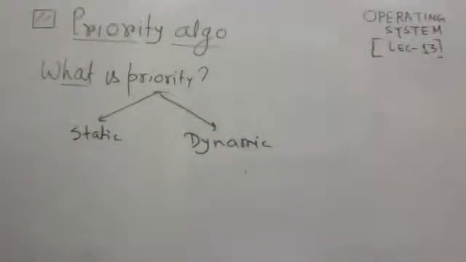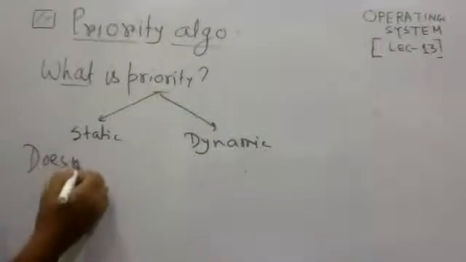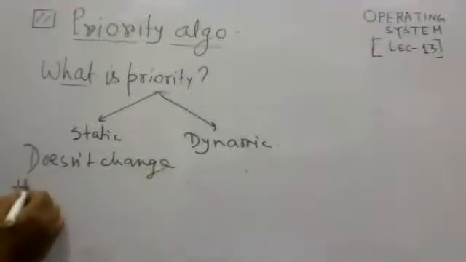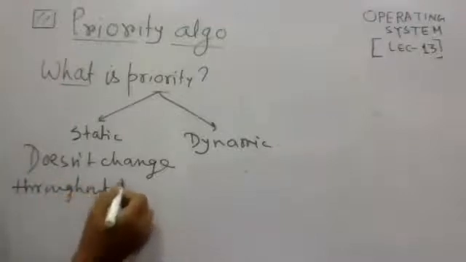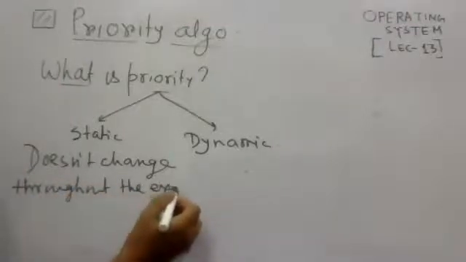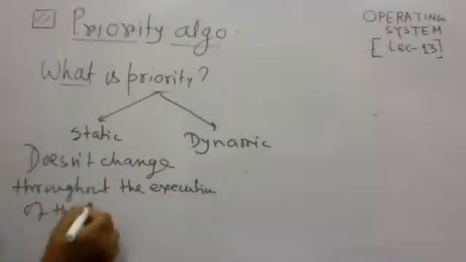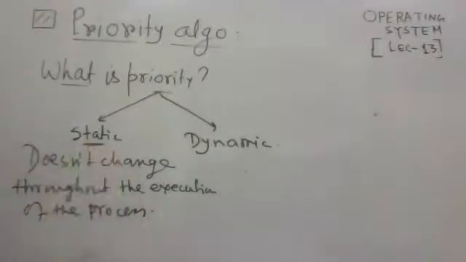In case of static priority, the value does not change throughout the execution of the process. That's why it is called static.